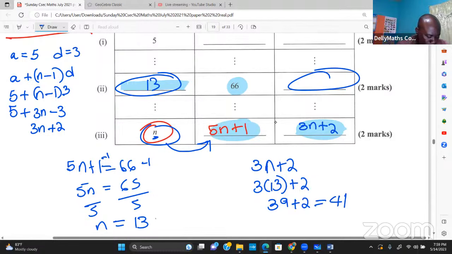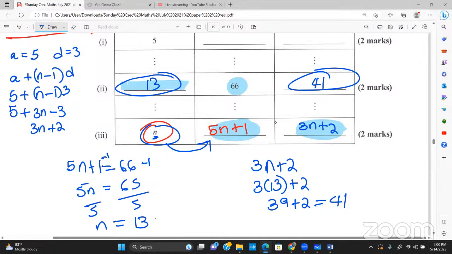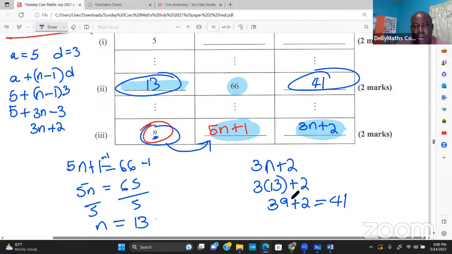Right? Are we there? Make sure that there's no error. 39 plus 2 is 41, is that correct? Yes, sir. All right, good. Just make sure that there's no error.